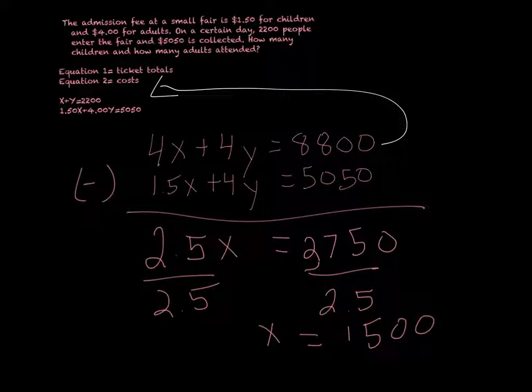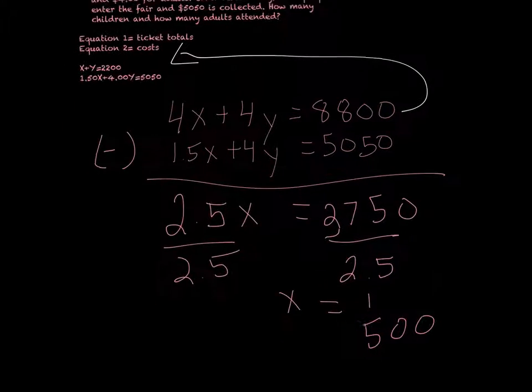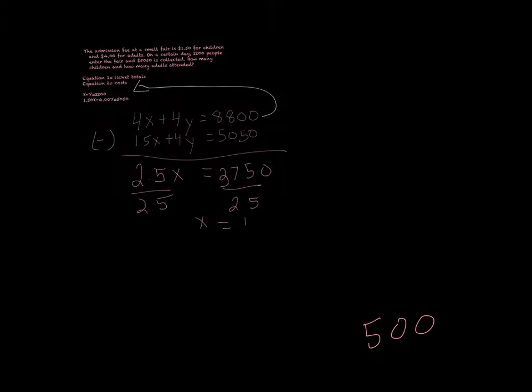Now think about what x represents. X represents the total number of tickets for children. That's 1,500 there. So then what is y going to represent?